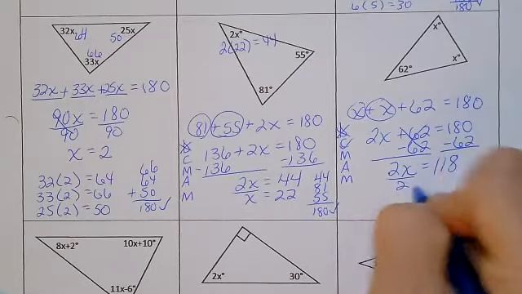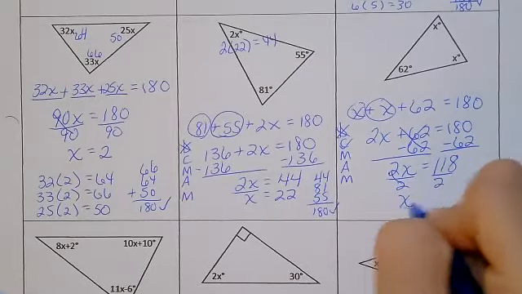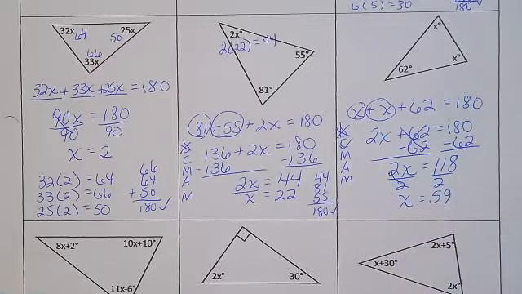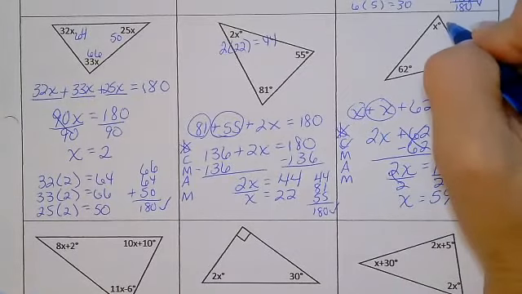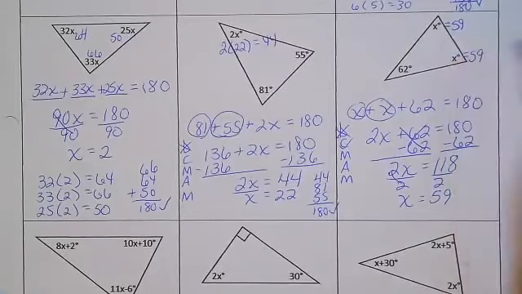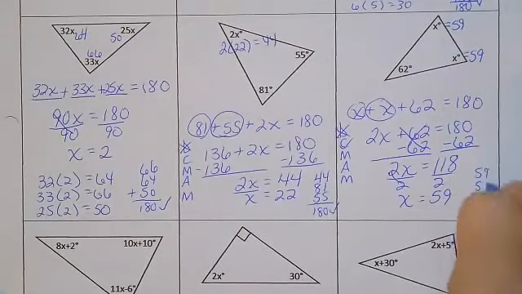Okay, and then divide both sides by 2, and x equals 59. All right, well, these are pretty easy. X equals 59. And 59 plus 59 plus 62 equals 180.